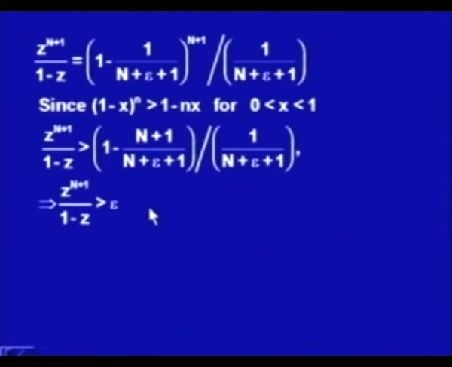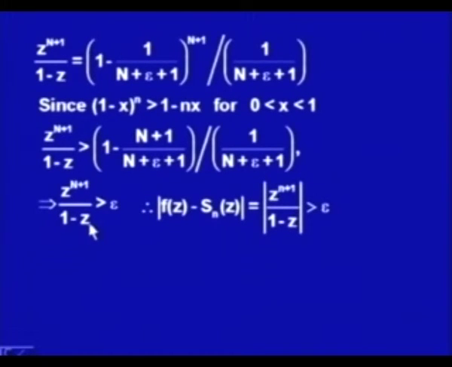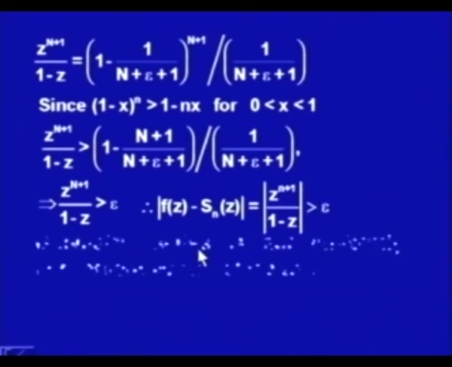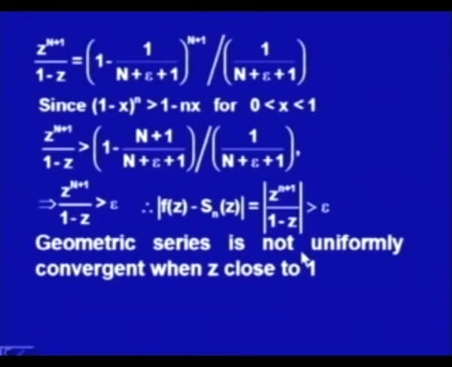That means the n which we have considered will not work for this, especially when z is very close to 1. So, f(z) minus S_n(z) is equal to z raised to power n plus 1 over 1 minus z, greater than epsilon. So, the geometric series is not uniformly convergent when z is very close to 1. There is a neighborhood, a region very close to z equal to 1, where this condition is satisfied, and whatever n we have computed for a given z will not work for a different z.